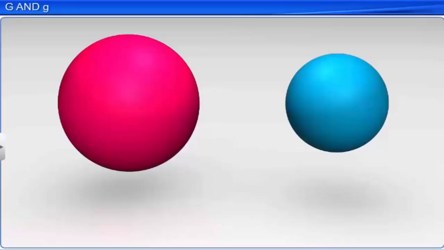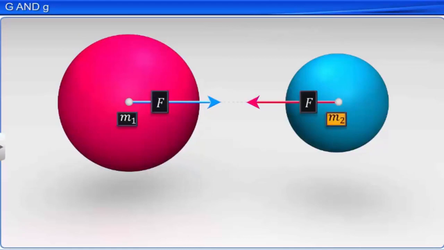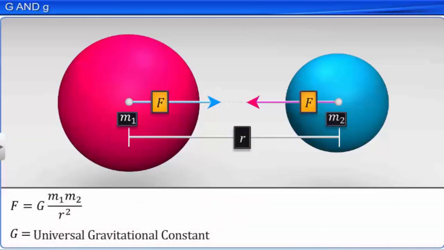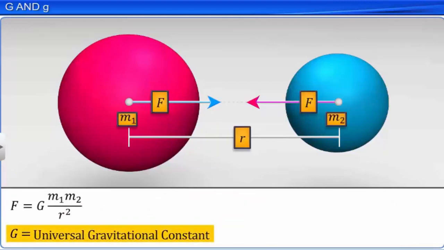We learned earlier about the gravitational force between 2 bodies of masses m1 and m2 separated by a distance r. The expression for the force is given as F equals G times m1 multiplied by m2 divided by r squared, where G is the universal gravitational constant.